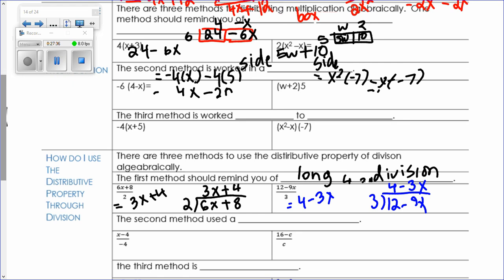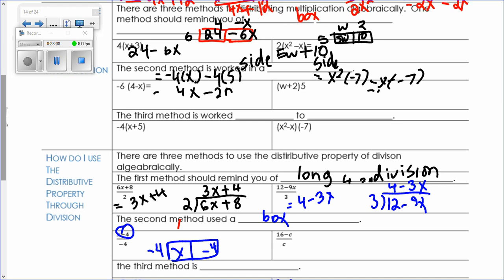The second method used is the box method. So you're moving backwards. Instead of above, this part here is just going inside. So negative 4 inside of the box. And we're looking for the parts that come back out. So x minus 4. Well, x divided by negative 4, there's no number really that I can divide this by except for 1.